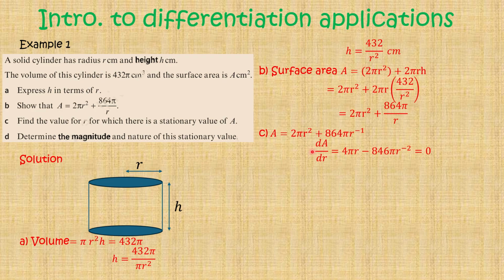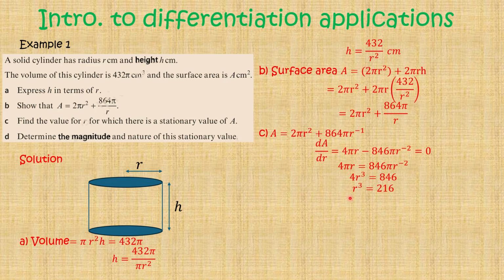Then we equate that to 0. Now that is the first derivative with respect to r. We equate that to 0 because that's where we are going to get stationary points. Now with that, we move the negative term to the right hand side. Then afterwards, we multiply throughout by r squared so that we have 4r cubed is equal to 864, and then divide by, of course, pi.